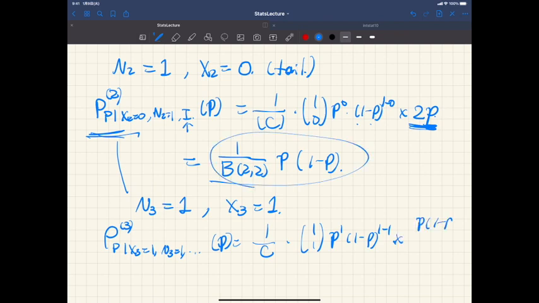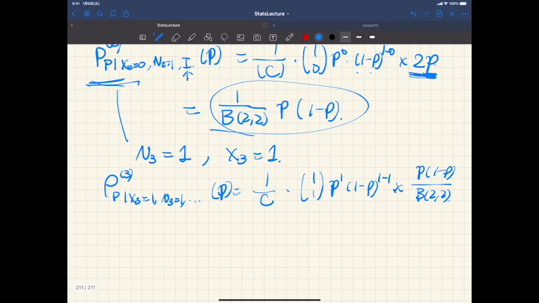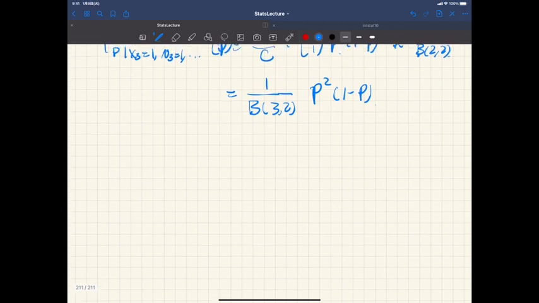Okay, p times (1 minus p), B(2, 2). Now after some calculation, it will result in the beta function B(3, 2) and p squared times (1 minus p). Okay, and we can continue this on and on.